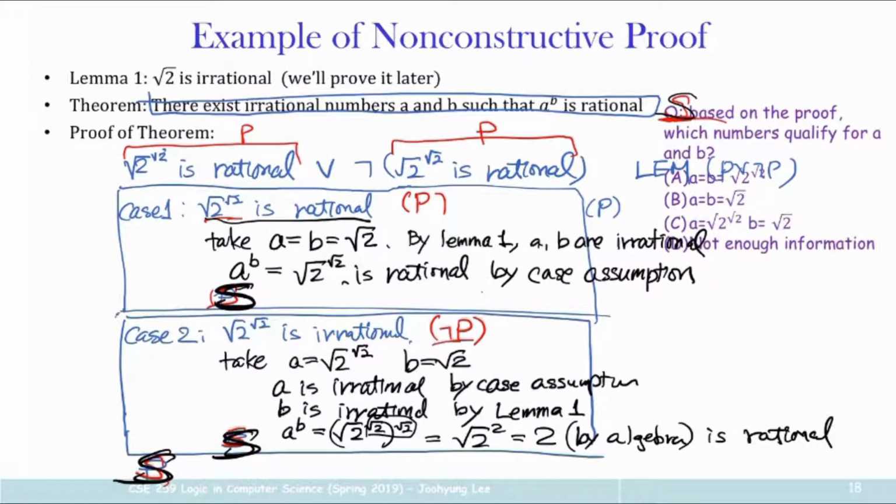Okay, so we proved this claim. So what are A and B such that A to the power B is rational? My choices on the quiz were A is 1 and then all the way through F being 6.